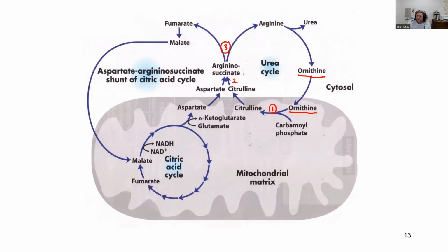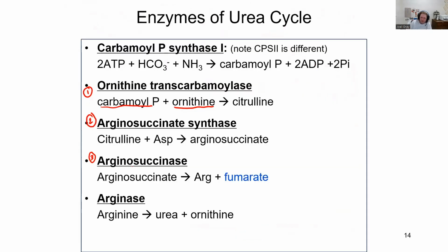Step 4 is going to take our arginine and make urea and ornithine. Arginase is going to do that. And that's kind of everything there.